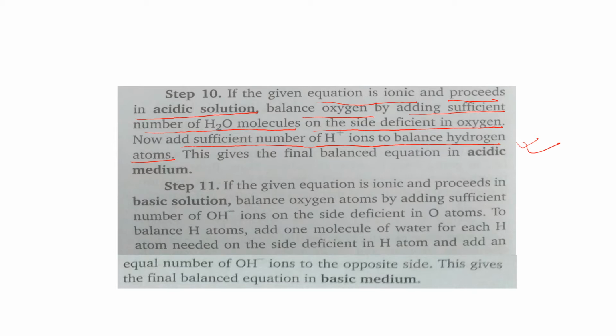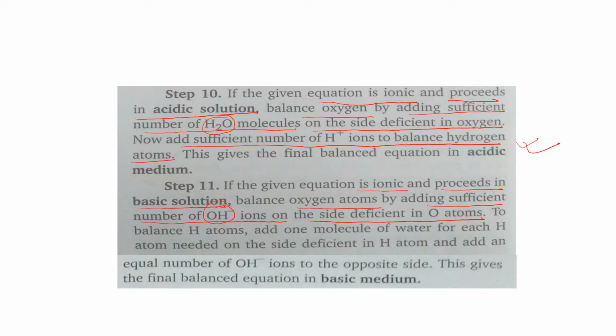Now, if the equation is ionic and proceeds in basic solution, balance oxygen atoms by adding a sufficient number of OH minus ions on the side deficient in oxygen atoms. For acidic, you are adding H2O molecules. For basic solution, you are adding OH minus.